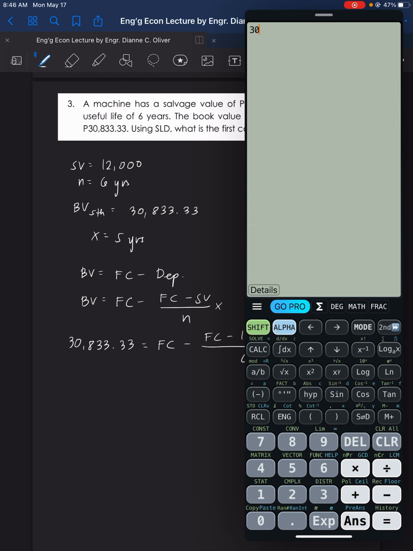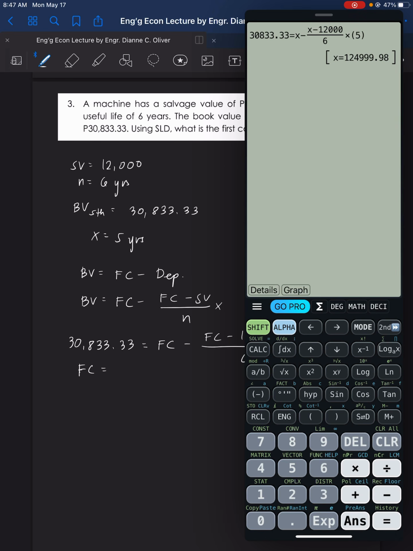So 30,833.33 equals first cost, let's call it x, minus (x minus 12,000) over 6, times 5. Okay. So that is equal to the first cost.